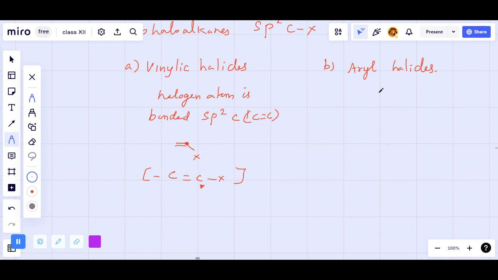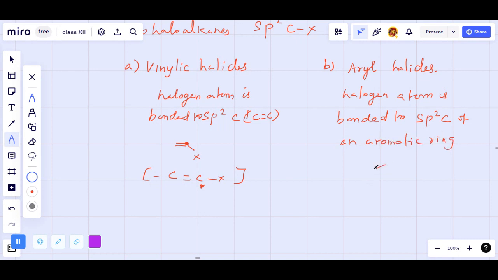Then if you take aryl halides, these are the compounds in which the halogen atom is bonded to an sp2 carbon of an aromatic ring.